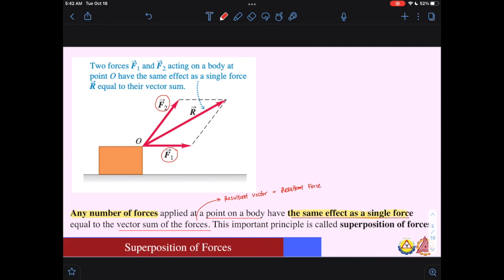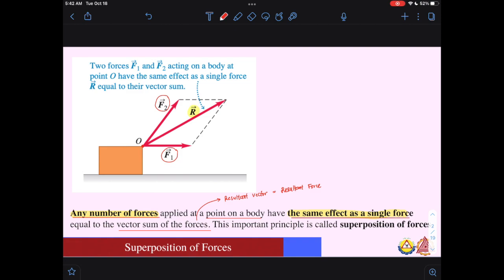So, in Bisaya, no matter how many forces are acting on your body, which would make the analysis of the problem complicated, say 5 forces acting. But class, the bottom line is you just have to find the resultant vector R, because according to this principle, no matter how many forces are applied on the body, it will always seem as though there is only one force.